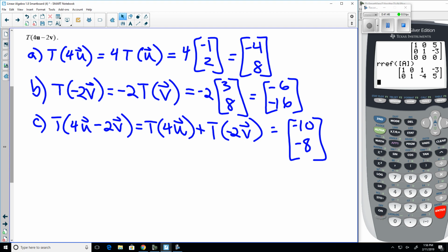Just because I've already figured out this one, right? So it just makes sense to add these two. If I didn't have negative 2v already, then you could subtract 2 times v. It'd be the same thing.